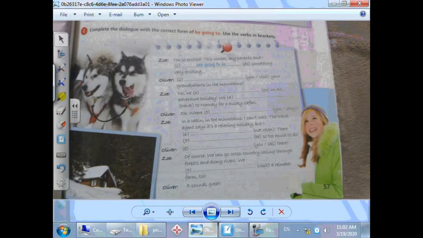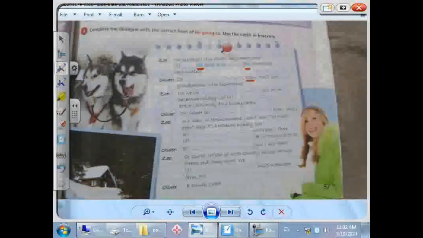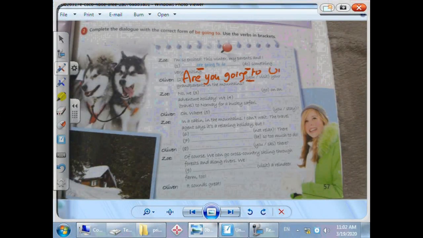Okay, so the question says, complete the dialogue with the correct form of going to. Use the verb in brackets. So we have the first one answered for us. I'm so excited this winter. My parents and I are, because we're talking about more than one person, are going to do. Okay, so here it's a question, and we have you. Excellent. So are you going to, and the verb, visit your grandparents in the mountains?